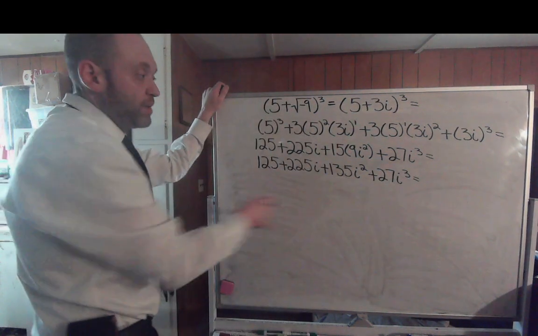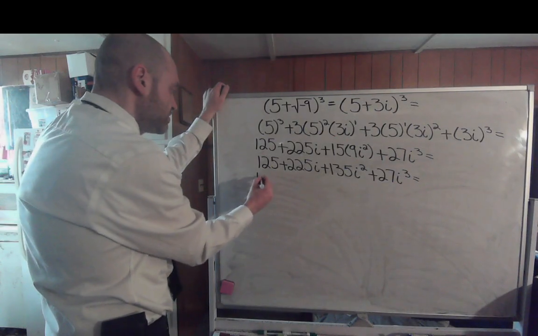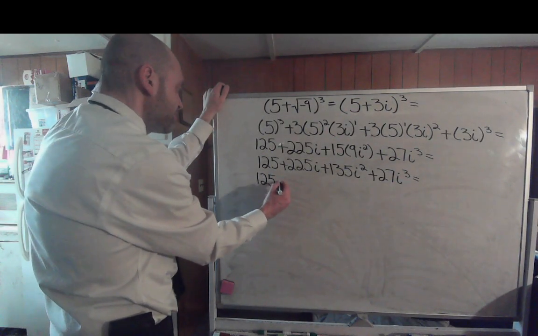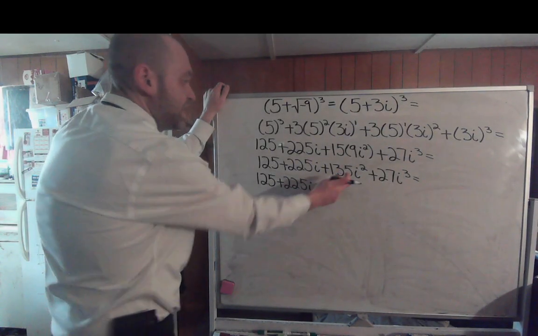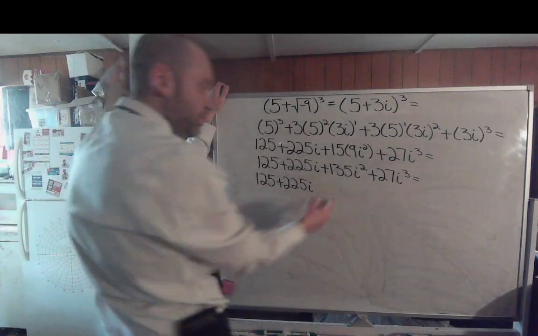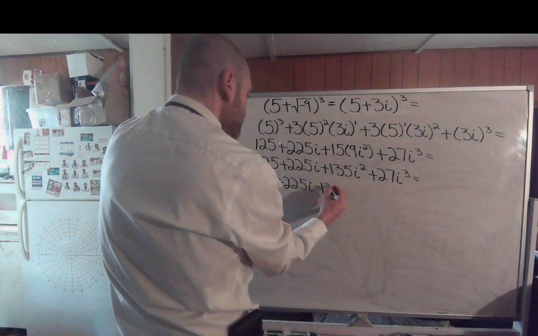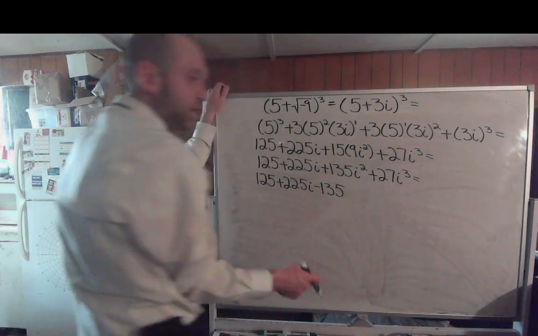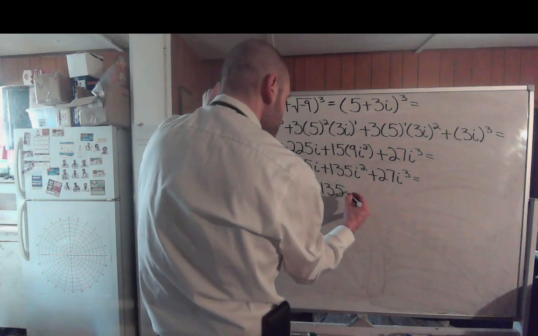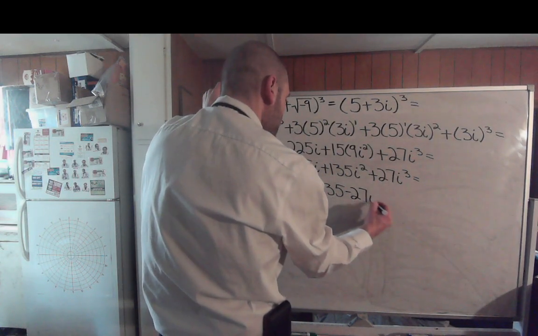Alright, well now we can simplify the i's. So we still have 125 plus 225i, but what is i to the second? That's negative 1, right? So this would just turn into minus 135. Now what's i to the third? That just turns into negative i, so this would be minus 27i.